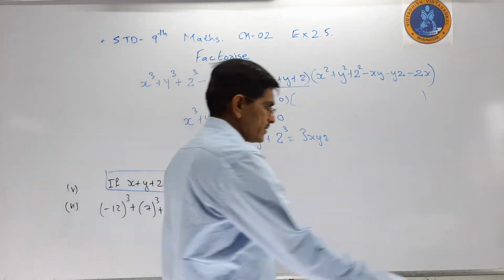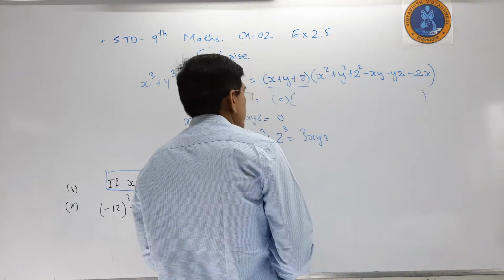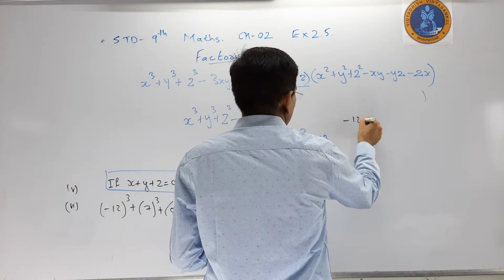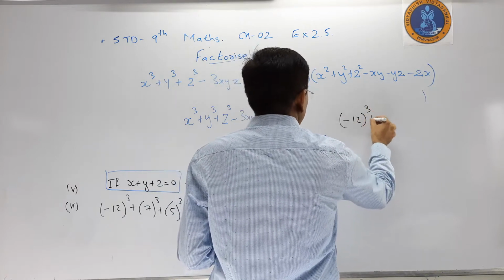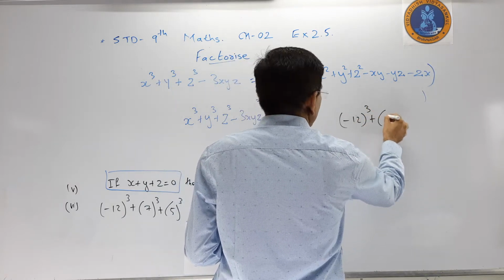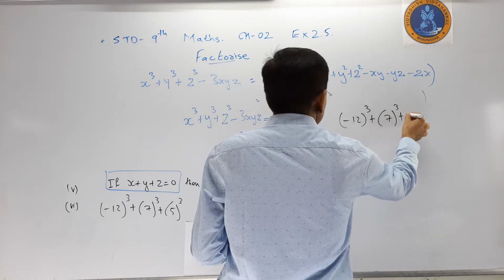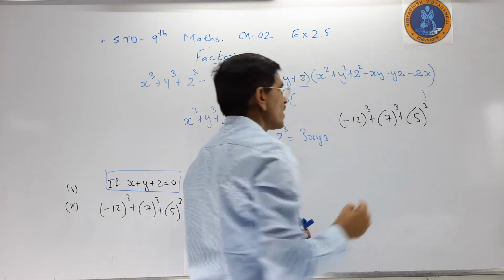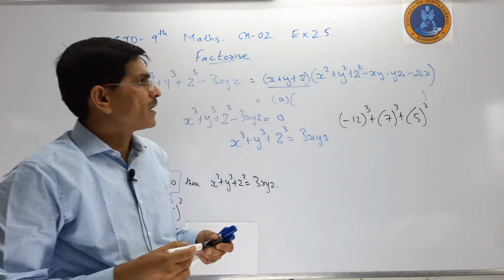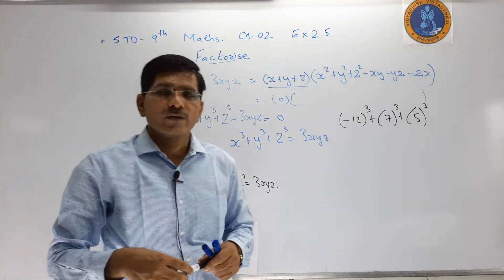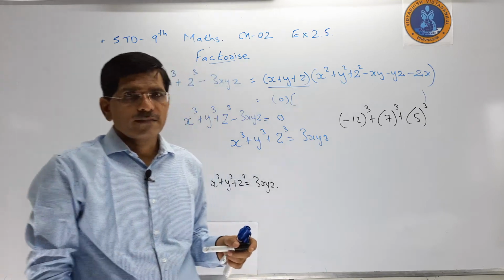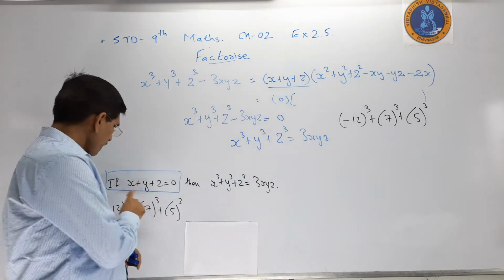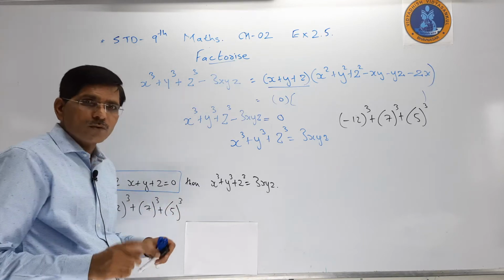So one question I have written here: minus 12 whole cube plus 7 whole cube plus 5 whole cube. Now what is the question? If x plus y plus z is equal to 0.